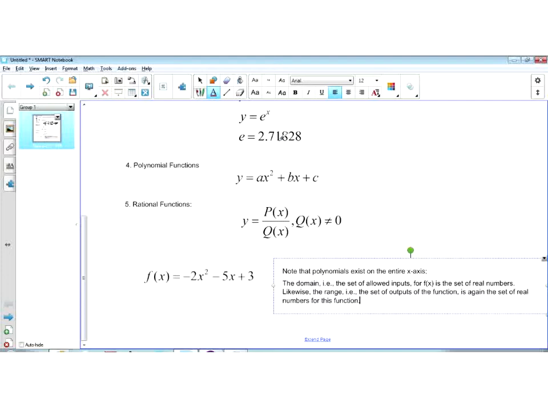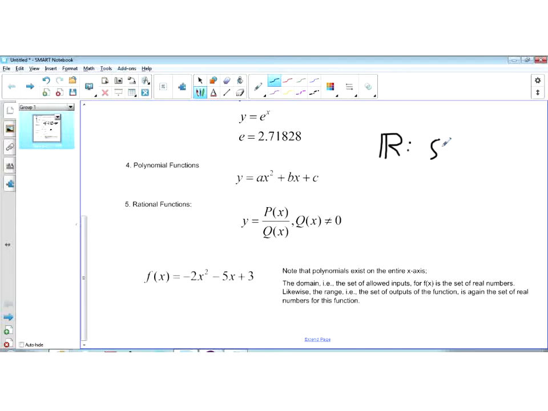Another notation I want to demonstrate is the symbol for the set of real numbers, and it's this. This symbol I'll use a lot for the set of real numbers. If you see this R with a double backbone, that means the set of real numbers.